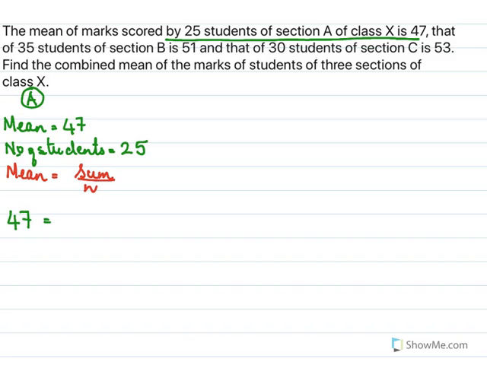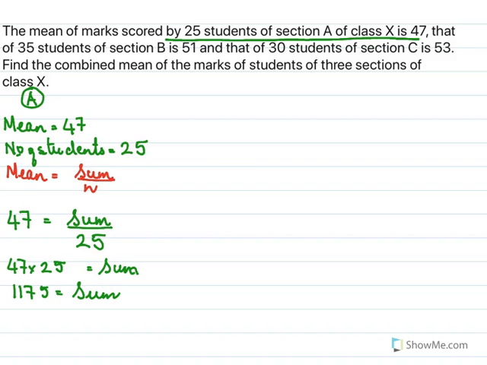So here mean is 47. We do not know the sum, and the number of observations here would be 25. The sum total of marks of section A will be 47 into 25, and that would be 1175. This is the sum of section A.